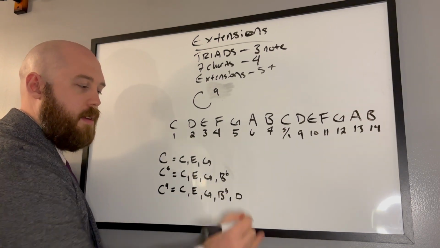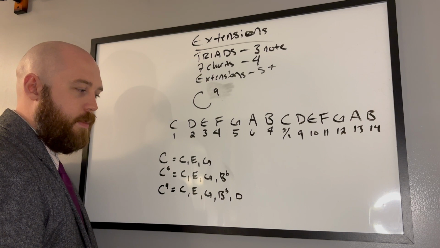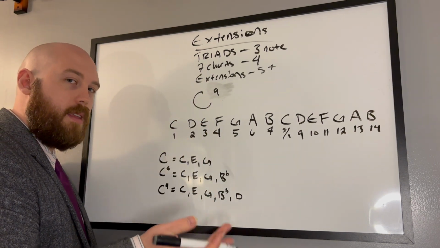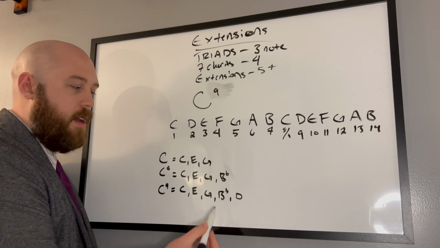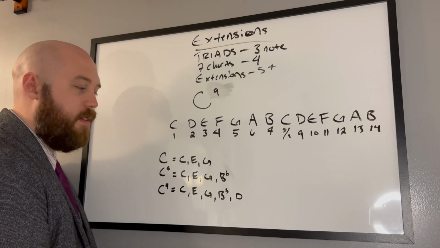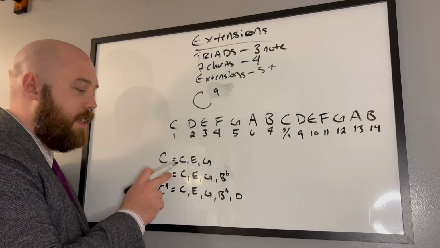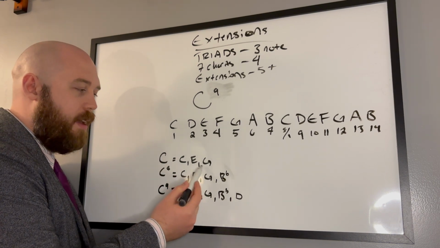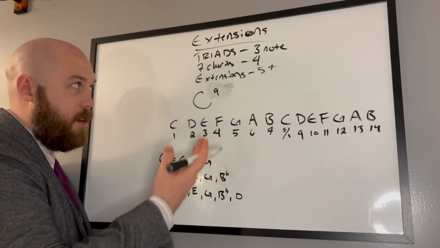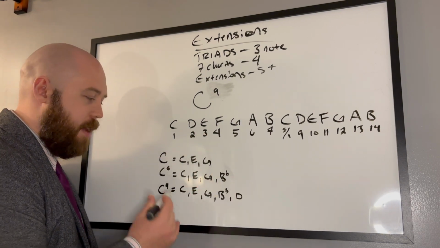We're adding a D. So when you see a number that's bigger than 7, it assumes the 7 is still in there, the flat 7. Just like when you see C7, you're not taking away the G or the E, you're adding. It's called the extension because you're adding things, okay?